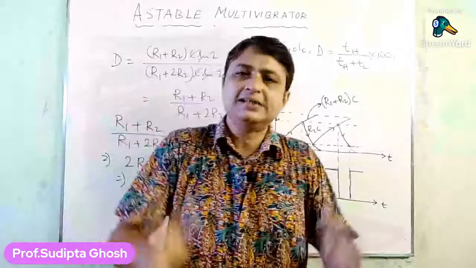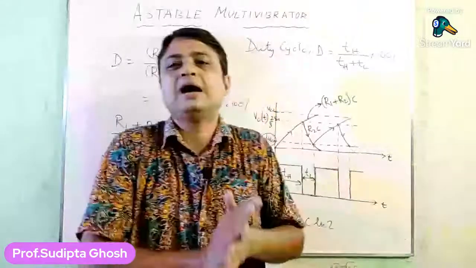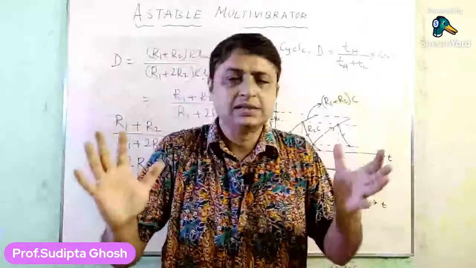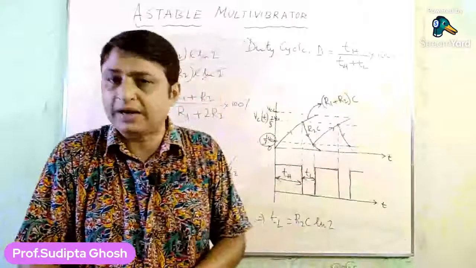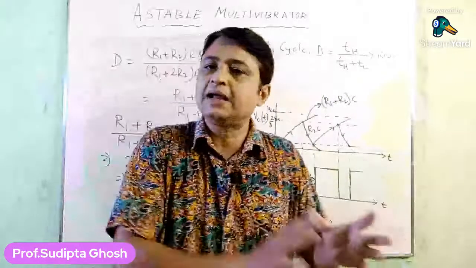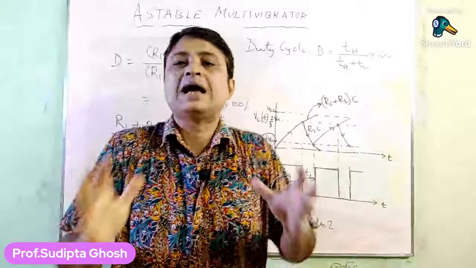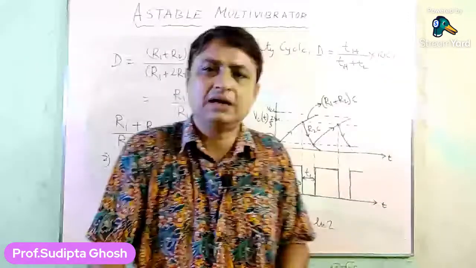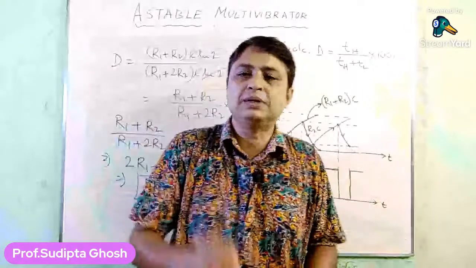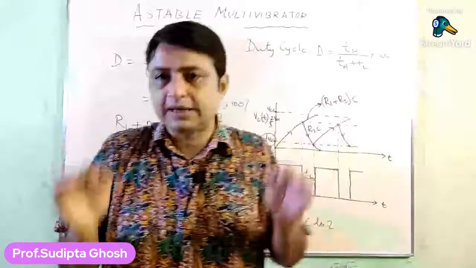So in this particular lecture, we have learned what an astable multivibrator circuit is, how the circuit operates, what the waveforms look like, how to calculate the high time and the low time, as well as the frequency of oscillation for an astable multivibrator, and later what the duty cycle is and why we can't get a simple square wave output from a simple astable multivibrator circuit, right?